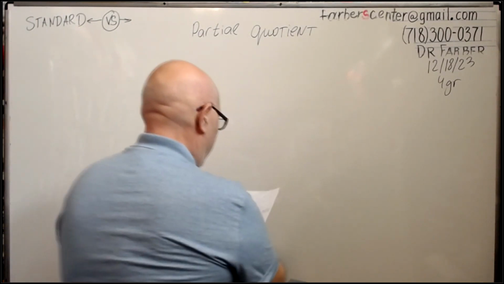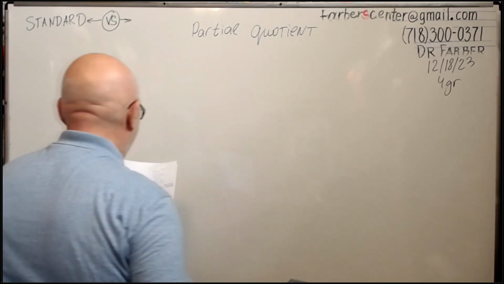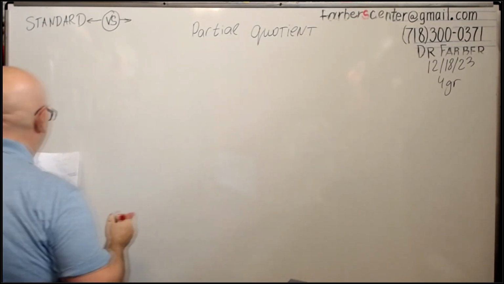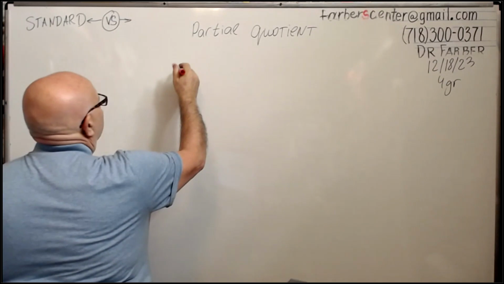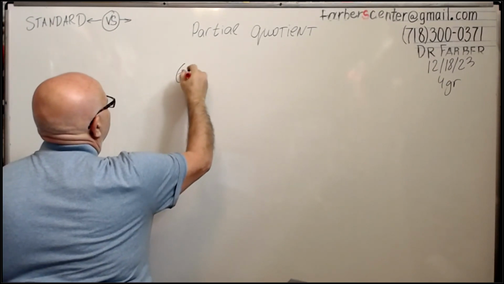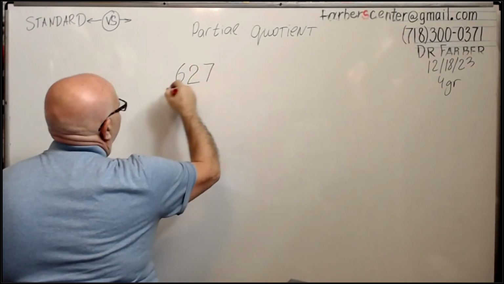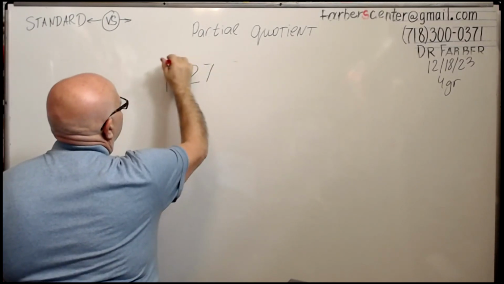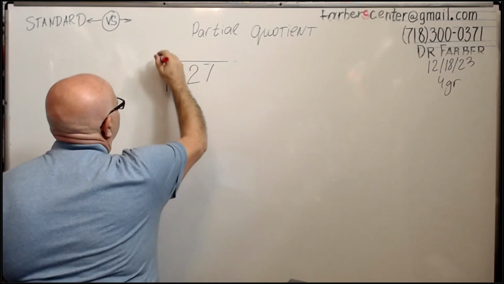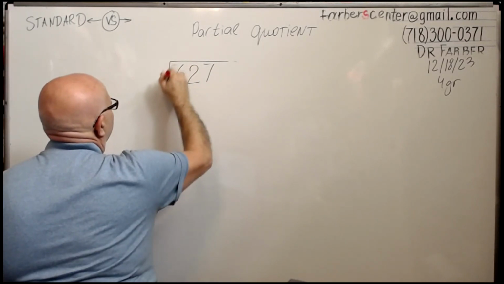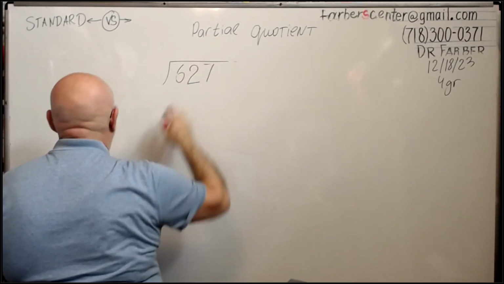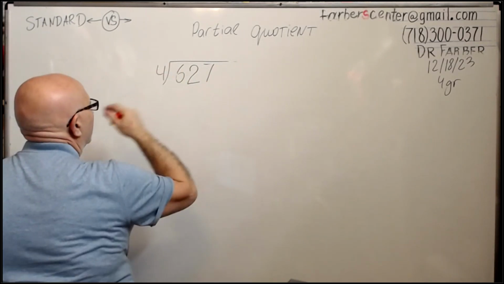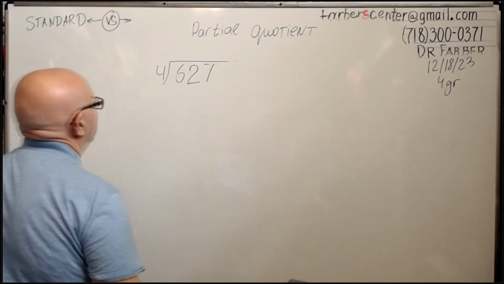Take 627. You divide by, not nice. You divide by what? Sometimes they use it like this. 627 you divide by 4. Partial quotients.